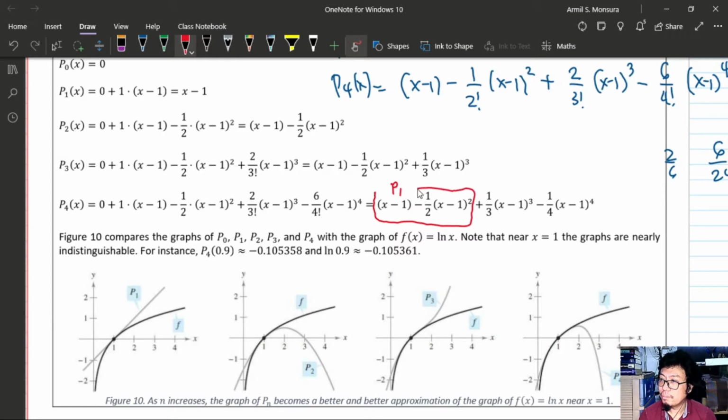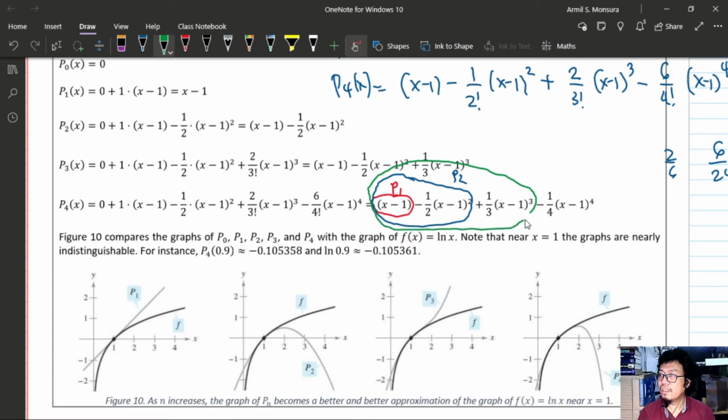That's your P2. Your P3 is this. That's your P3. And then your P4 is the entire thing.